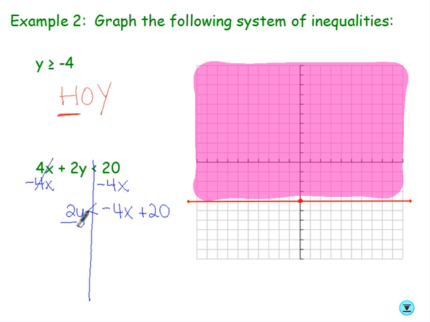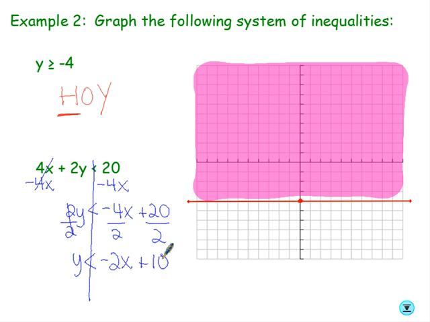Ready to divide. I am dividing by 2. I keep y. Did I divide by a negative? No. So I keep my symbol that way. Negative 4 divided by 2 is negative 2x. And positive 20 divided by 2 is positive 10.